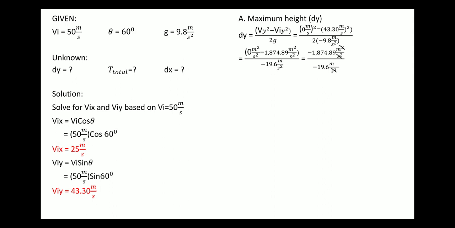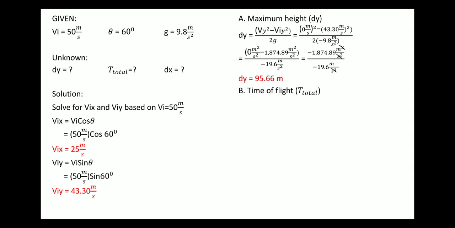Cancel some units. The remaining unit must be meters because we are computing the dy. So negative 1,874.89 divided by negative 19.6 is equal to positive 95.66 meters. So that is our dy.